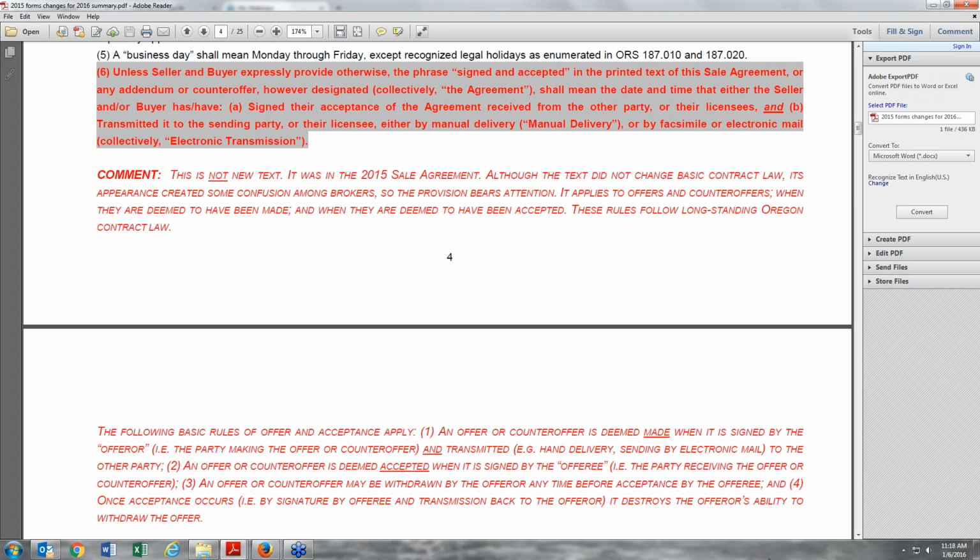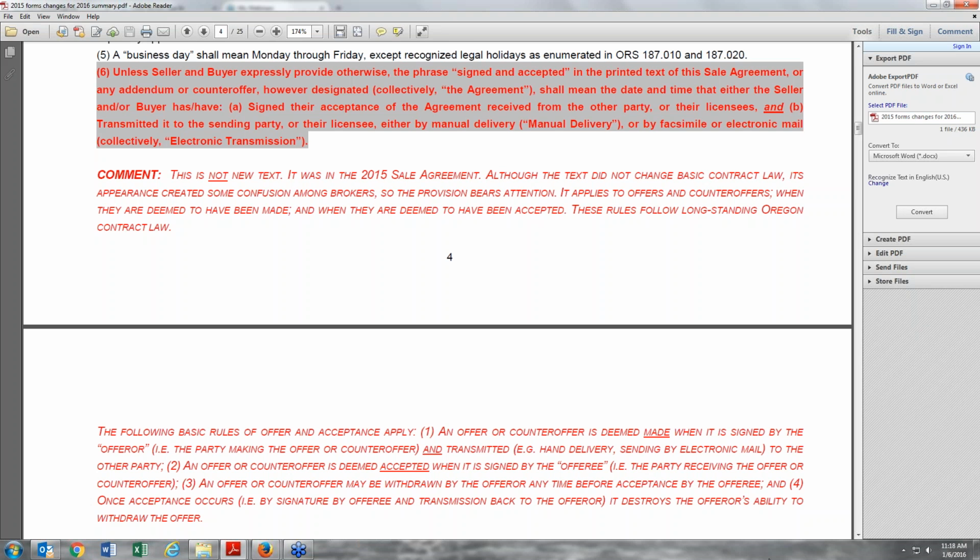So they scratch out their name and they transmit it back with a rejection. Okay, that is an effective termination or rejection of that offer.